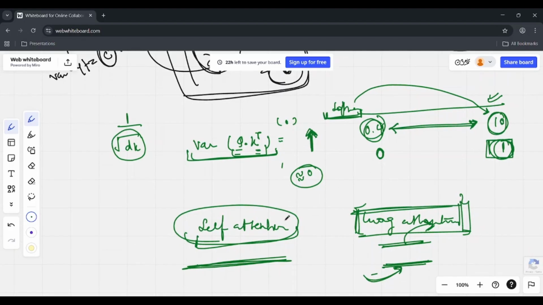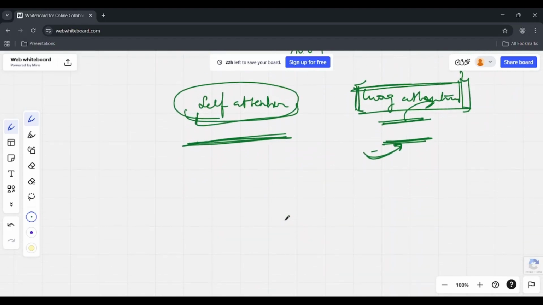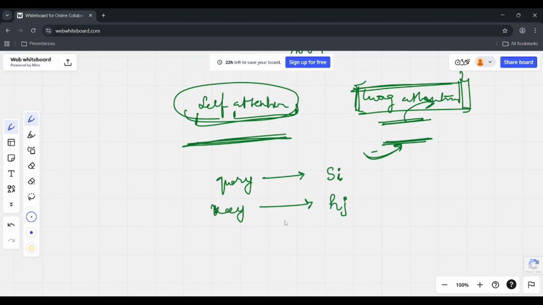Now, why do we say that this is attention? Because we have similarities here. The query vector of our self-attention is similar to the si vector of Luong's attention. The key vector of our self-attention is similar to our hidden state hj vector, and similarly the value vector is also similar to hj.